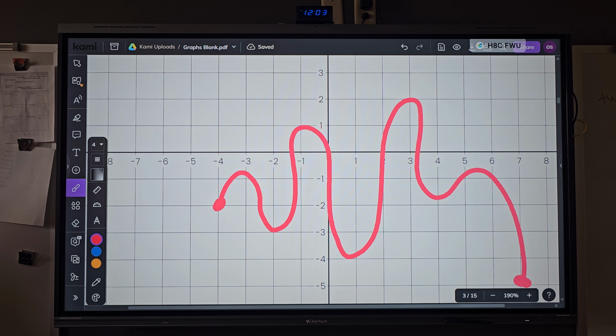Okay. It doesn't matter the shape. Don't let the shape scare you. It's still the same exact questions. What's the most left x? What's the most right x? What's the lowest y? What's the highest y? Regardless of the shape.